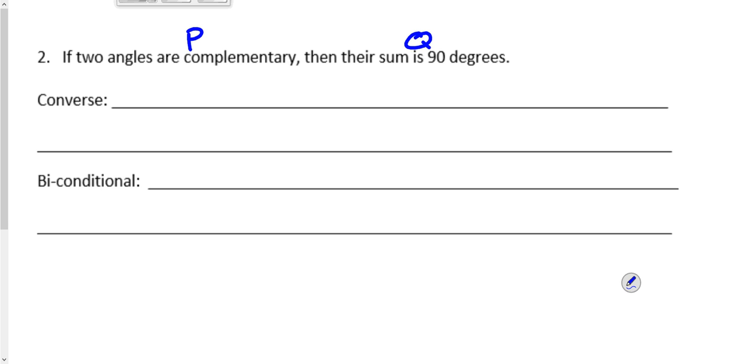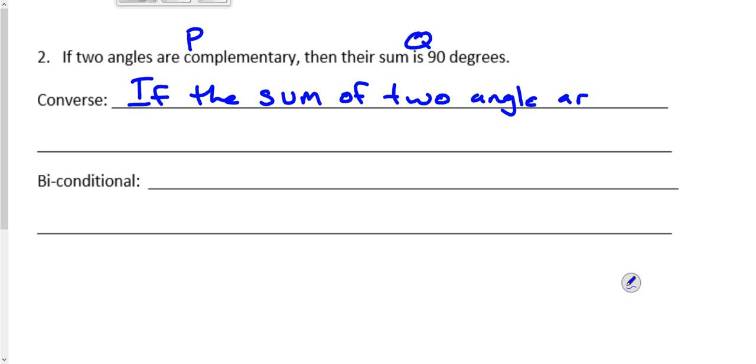So if the sum of two angles is 90 degrees, then the angles are complementary.